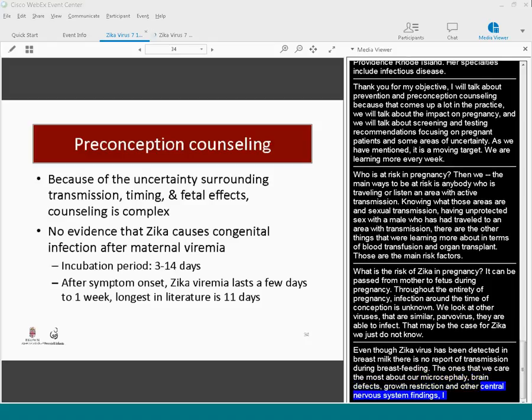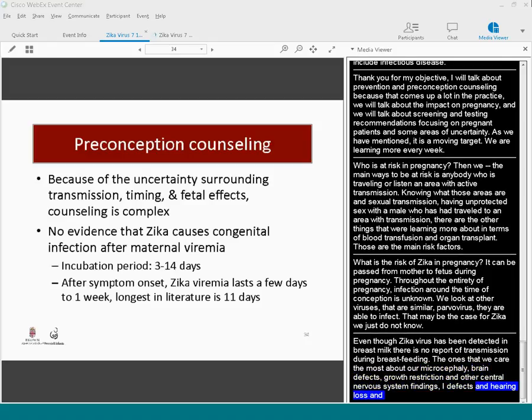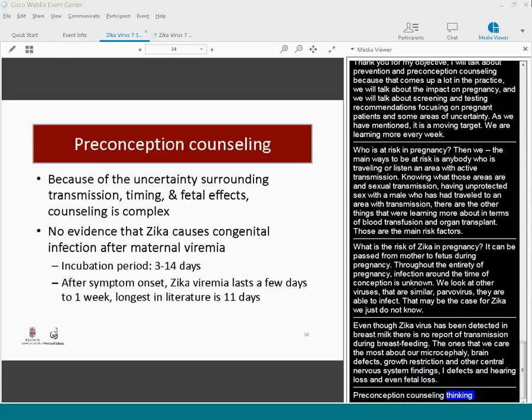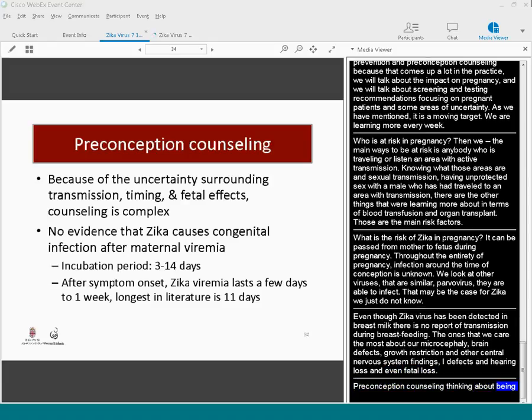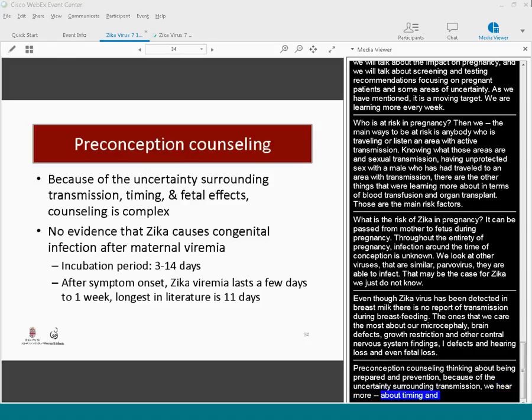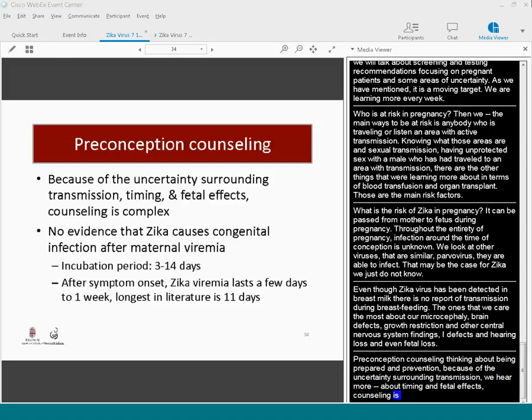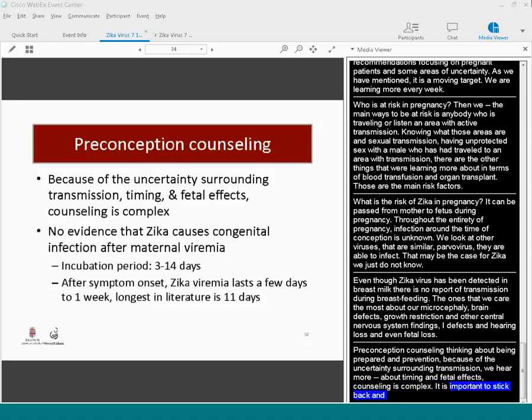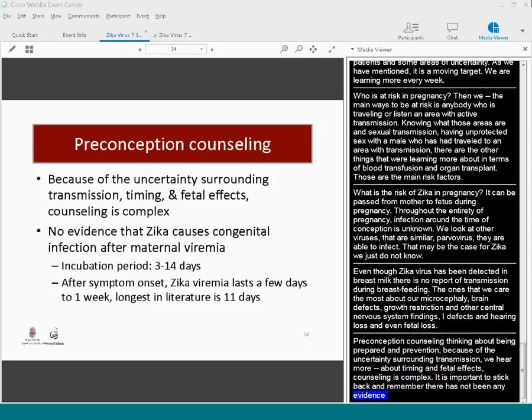So preconception counseling, thinking about being prepared and prevention. Because of a lot of the uncertainty surrounding transmission, and we seem to be hearing more and more reports every day, we're still learning about timing and fetal effects. Counseling really is complex. It's important to step back and remember that there hasn't been any evidence of Zika transmission or causation of congenital infection after the period of maternal viremia, so there seems to be a limited time period where Zika can be passed from mother to fetus.